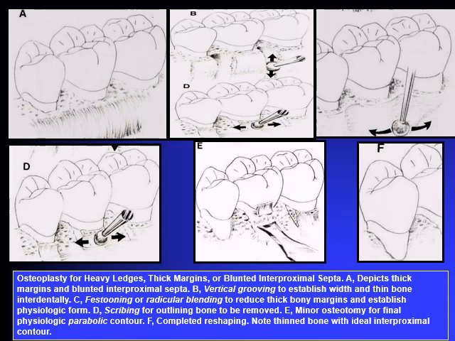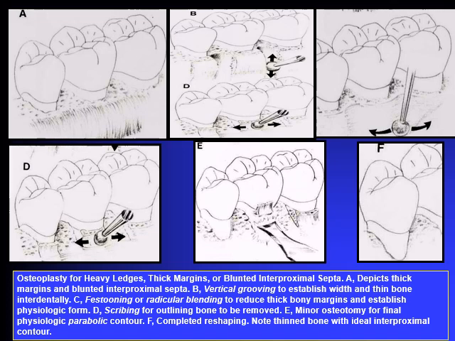We did vertical grooving with the round burr in the interradicular area. In C, we make what? With this round burr, we make gradualizing. We make radicular blending to establish an even flowing thin radicular surface.